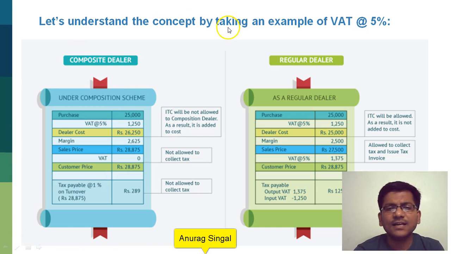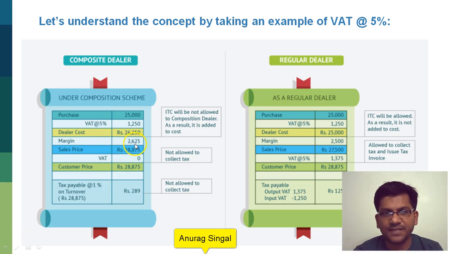So let's understand this scheme by how VAT at the rate of 5% would have been applied. Under a composition scheme, a trader purchases an item at 25,000, pays 5% VAT on it, and the dealer cost is 26,250. Now this input of 1,250 will not be allowed to the dealer.